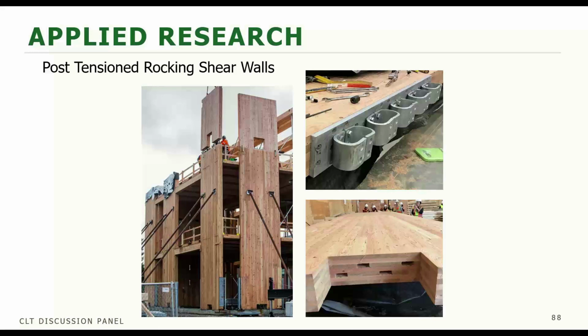Researchers at, I think, the University of Canterbury developed this rocking wall system for use with LVL, and it's borrowed from post-tension concrete systems, of course. FP Innovations, the predominant wood research institute in Canada, then took this on and tested it with CLT. But this is the first installation, I believe, in the US.